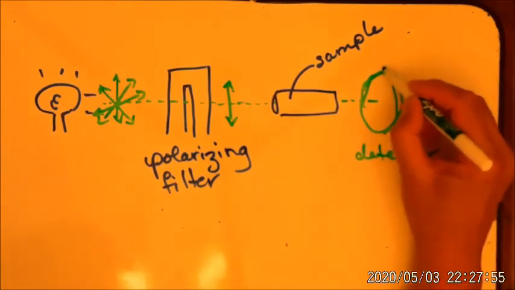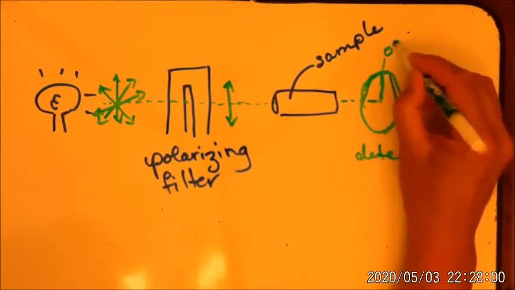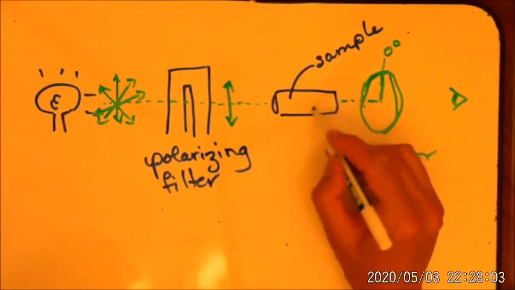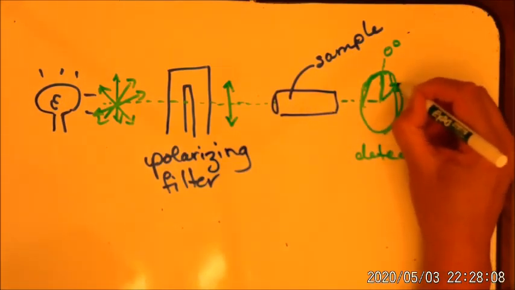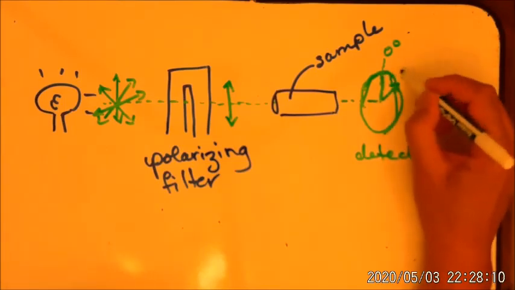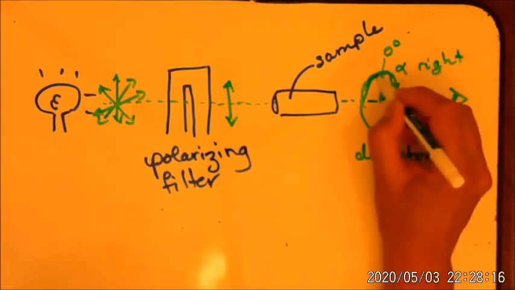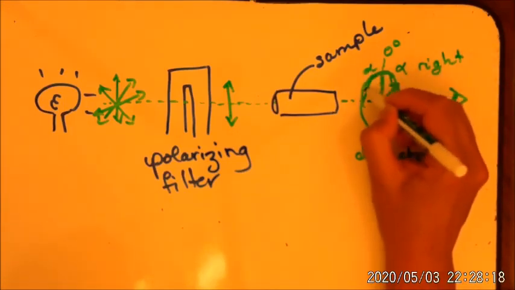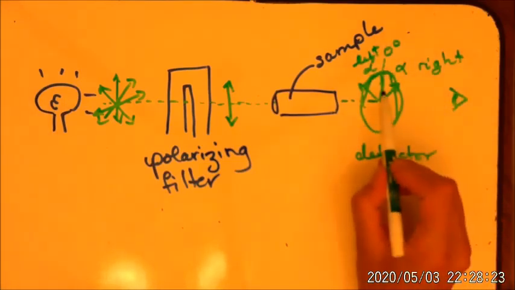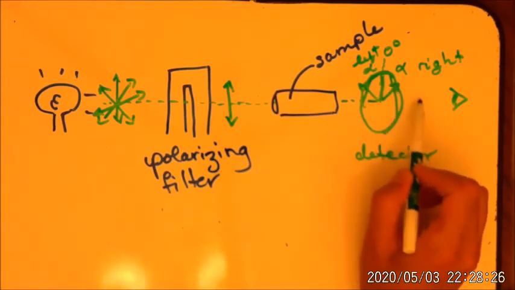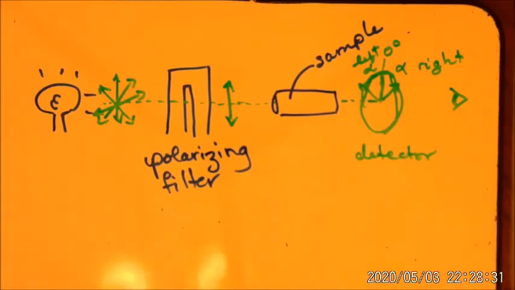And when you look at it, this is 0 in that plane. But if my sample is optically active, it can rotate light by an angle alpha to the right, or it can rotate light to the left. So one enantiomer will rotate to the right, and the enantiomer of that compound will rotate to the left by an equal amount.